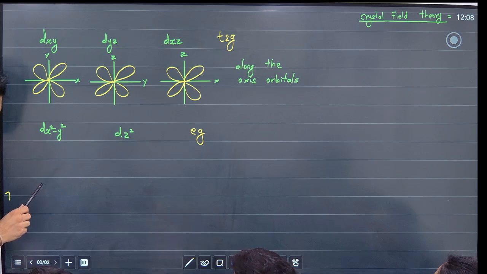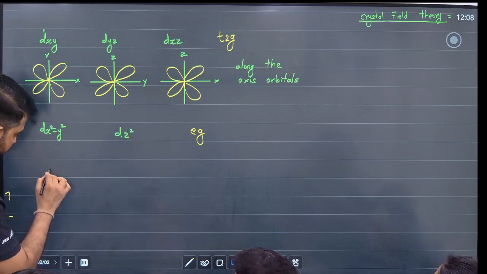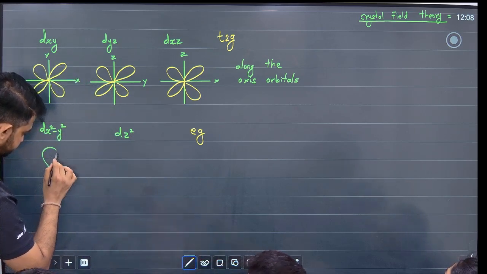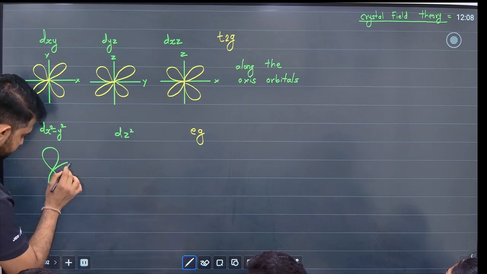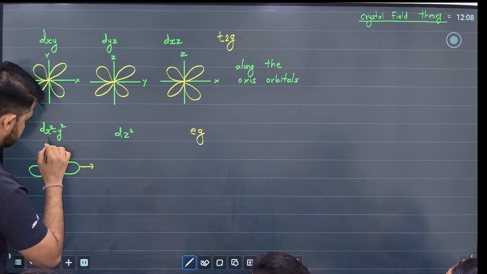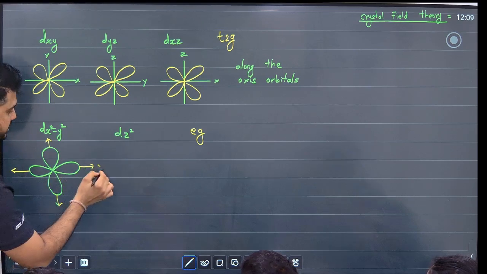Which nodal planes were there? xz and yz. So on and so forth for all three. How is dx square minus y square? It's like this.